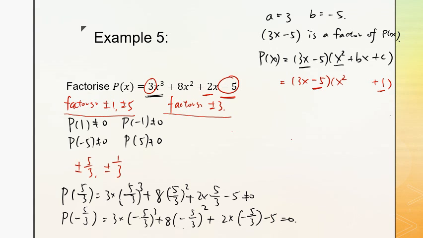So to equate the coefficients, think about what you're going to have in the expanded form of our factorized expression. Okay? So there will be 3x times c, so it will be 3cx. And then minus 5 times bx, this will be minus 5bx. And these are the only terms you can get involving the x term only. Okay?